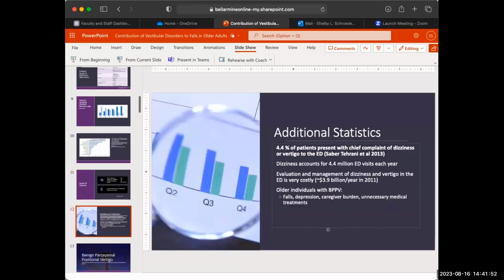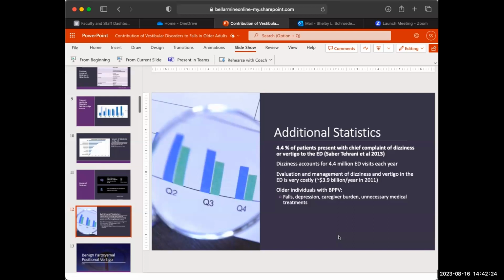So some additional statistics about the ED. Of all of the people that come into the emergency department, about 4% of those people are dizzy. There's about 4 million ED visits per year due to dizziness. And it's very costly to manage these patients because they get all these tests to make sure that they don't have a heart problem, they don't have a brain problem.